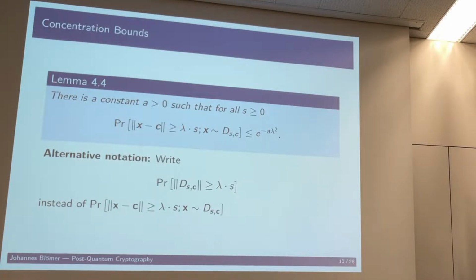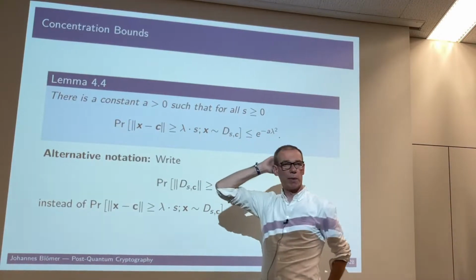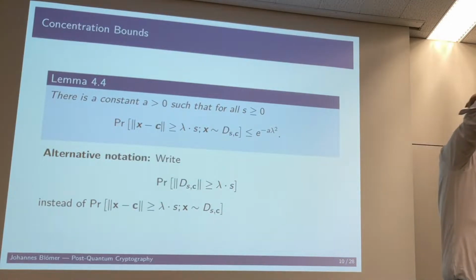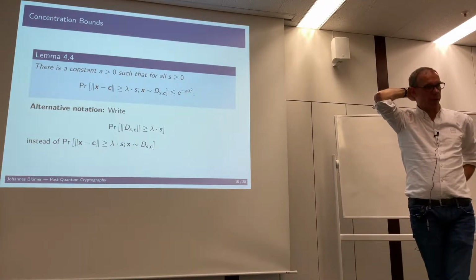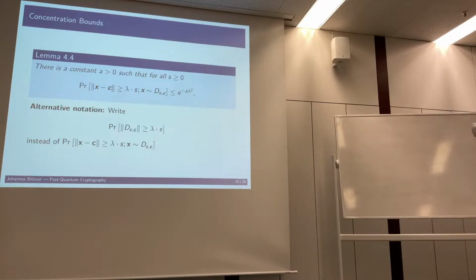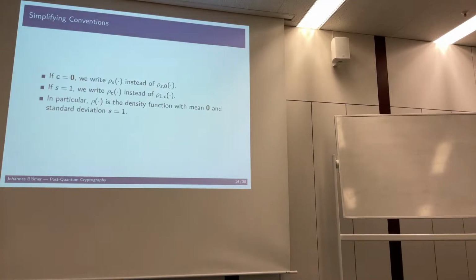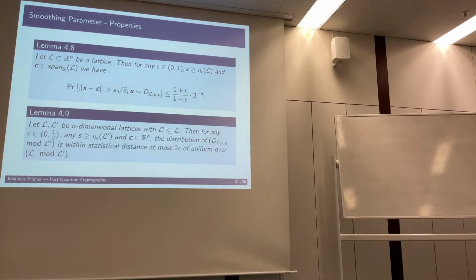The Gaussian distribution will pick points that are far away from the mean with very small probability. The same is true for the discrete Gaussian distribution, but you always have to do that with respect to multiples of the standard deviation or the width. And the square root of n is kind of a normalization. Okay, so this is the next thing about these nice Gaussian distributions.